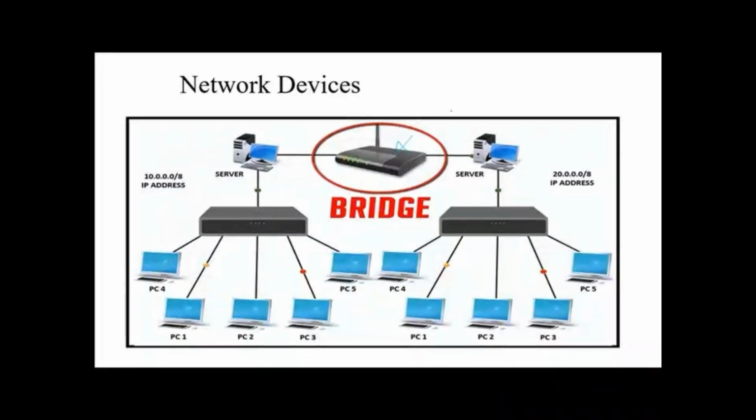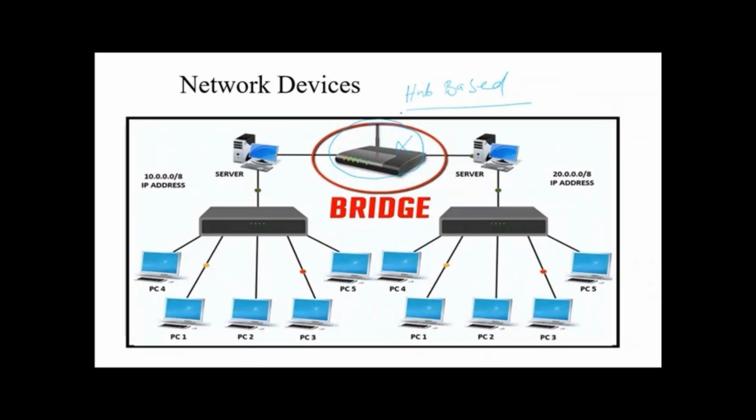Especially it was used in a hub based network, meaning when we used multiple hubs in computer networks. For that purpose, to connect different hubs with each other, the bridge was used.